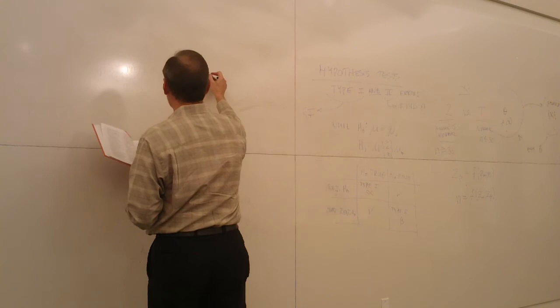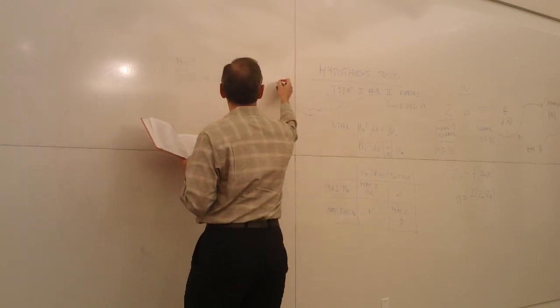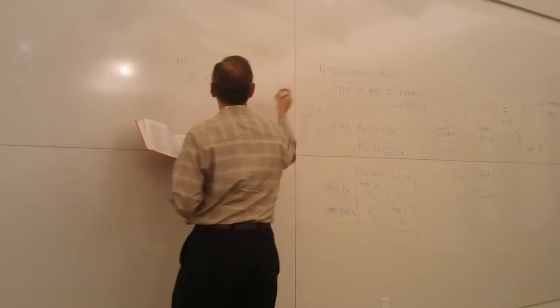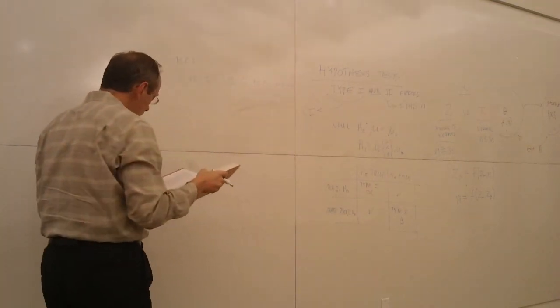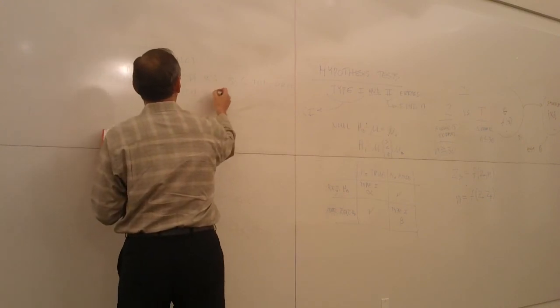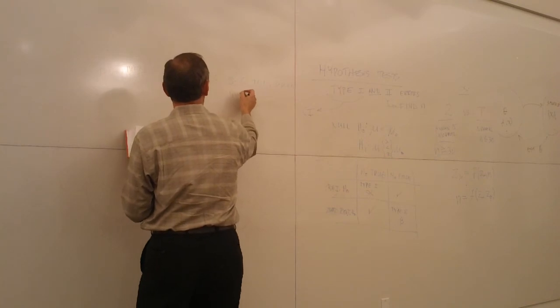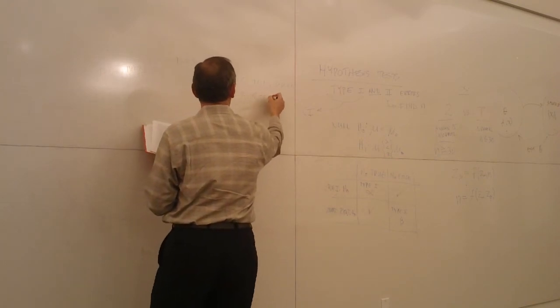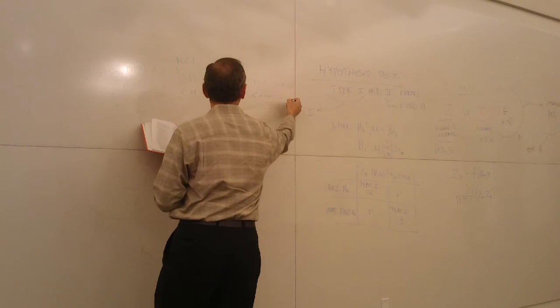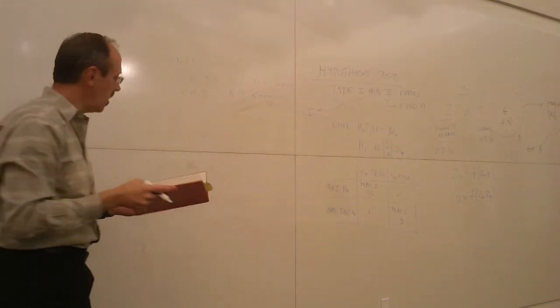Chapter 8.6, tolerance and prediction. And chapter 9, goodness of fit, 9.7. Or, 9.8, 9.9.